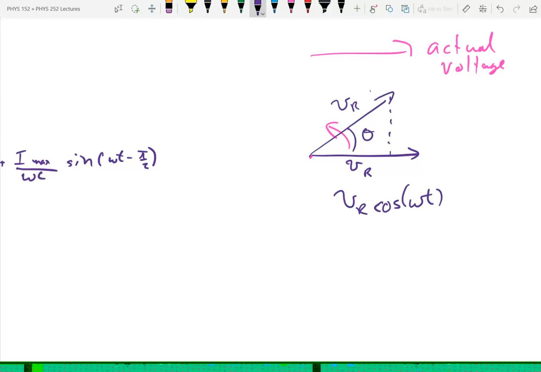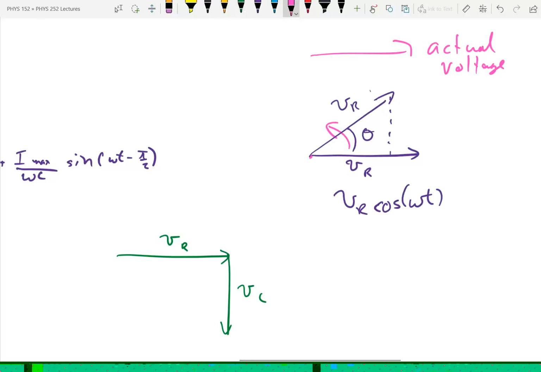But what's key is I can now take this voltage across the resistor, and here's the voltage across the resistor. And then I'll put the voltage across the capacitor. And the capacitor is at a different angle by 90 degrees. That's minus pi over 2, so that's why it's down.